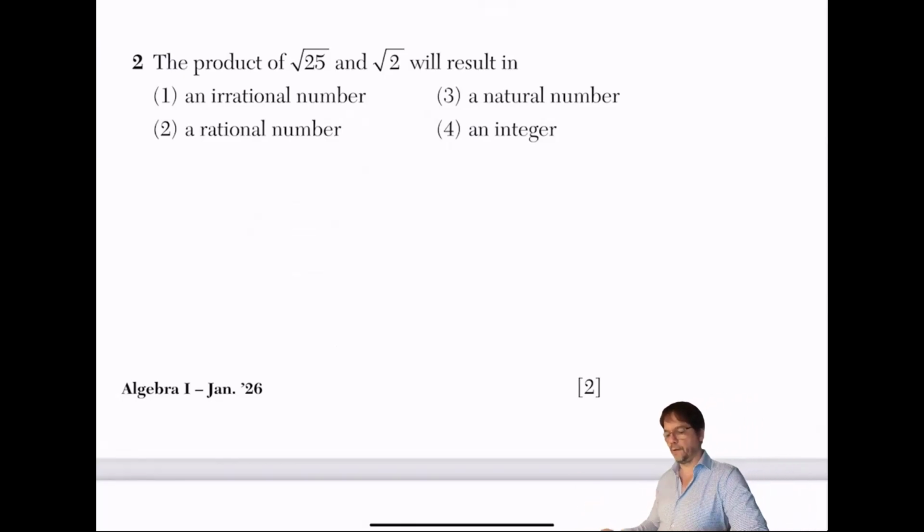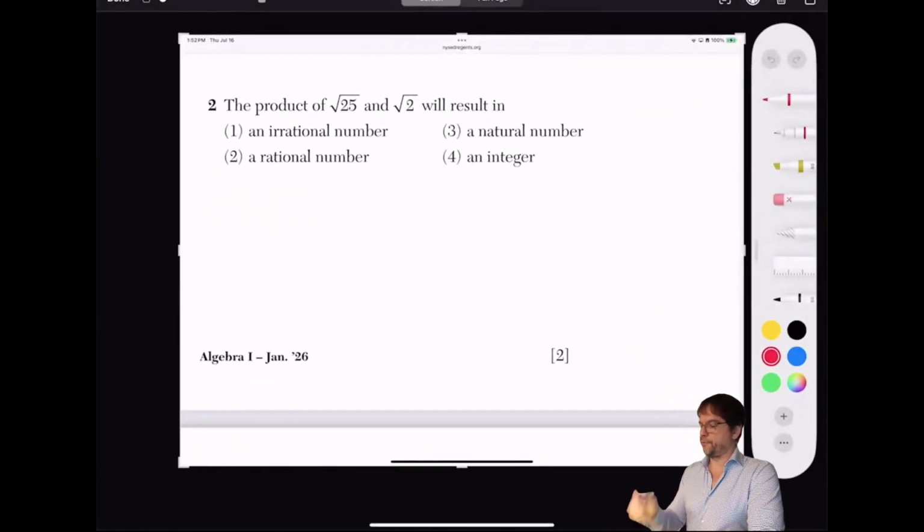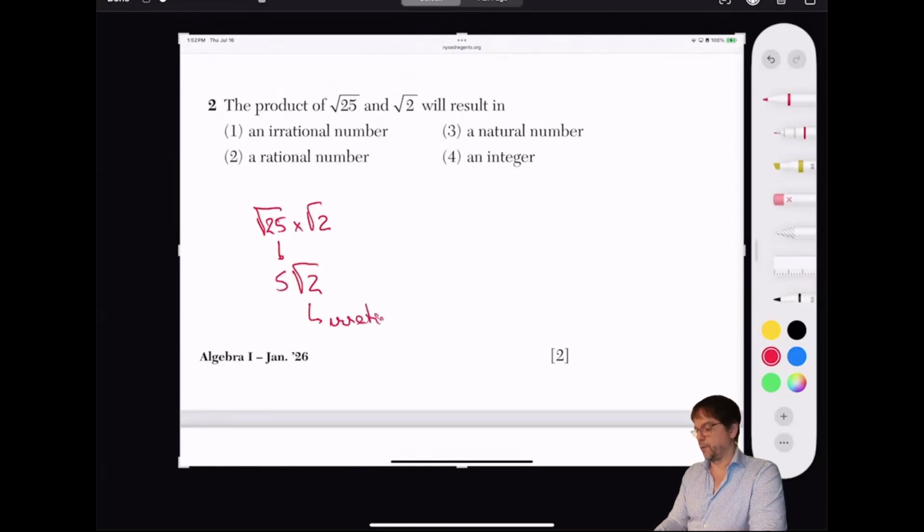Okay, let's do it together. The product of square root of 25 and square root of 2 will result. Okay. Square root of 25 times square root of 2. Square root of 25 is 5. That is an integer. Is that okay? But the square root of 2 is an irrational number.